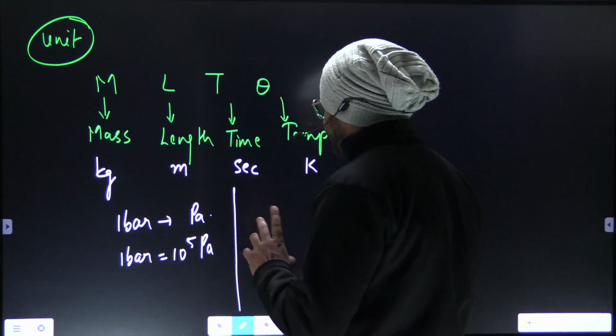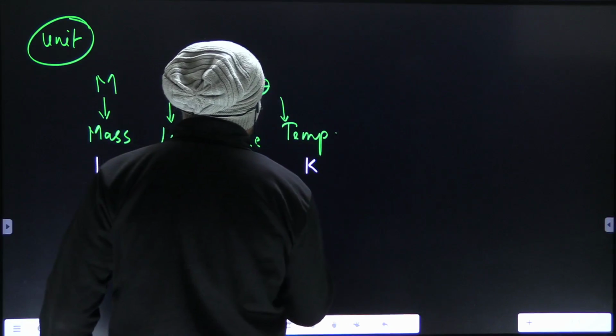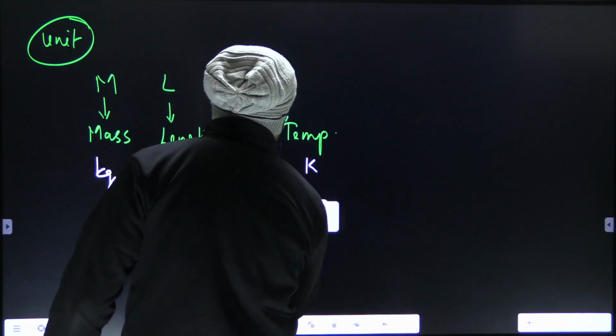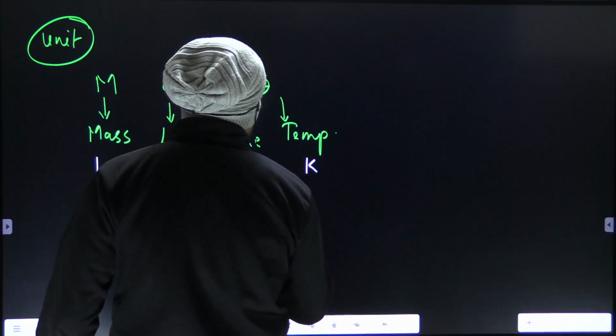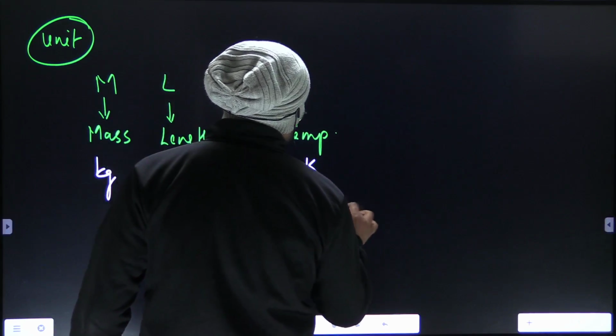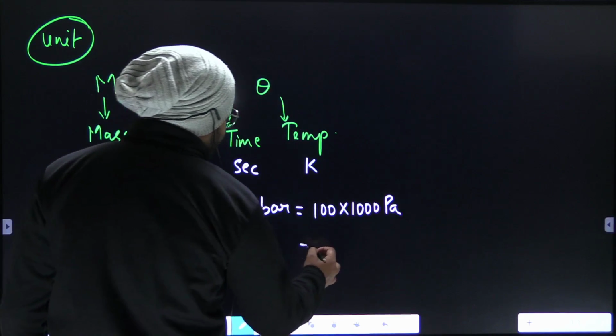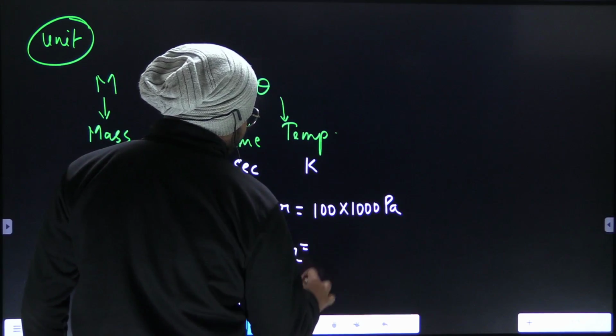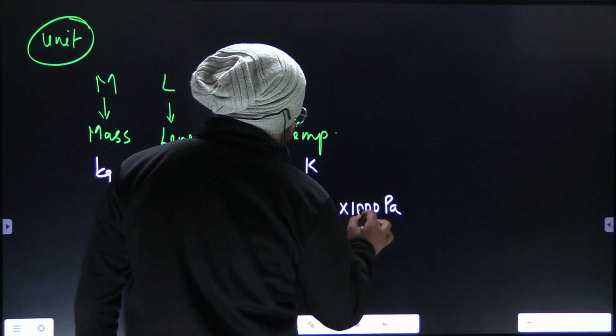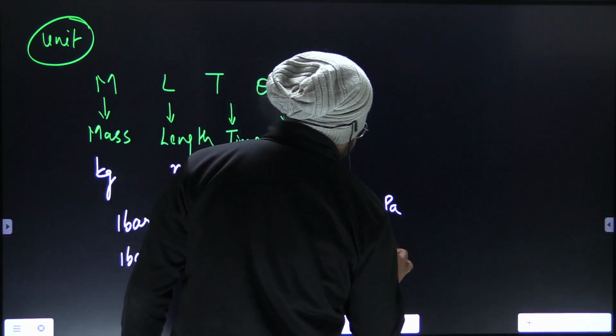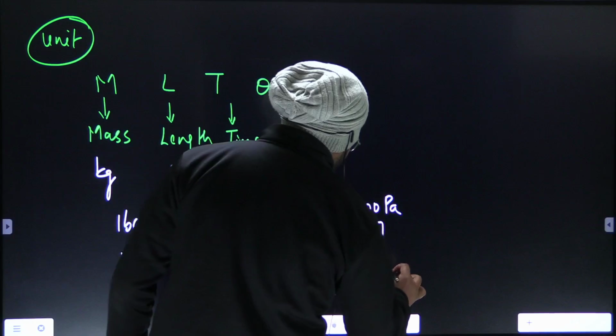How? See, 1 bar equals 100 into 1000 Pascal. But if you see 1 bar, it will be 100 kilopascal. Am I right? Simple.